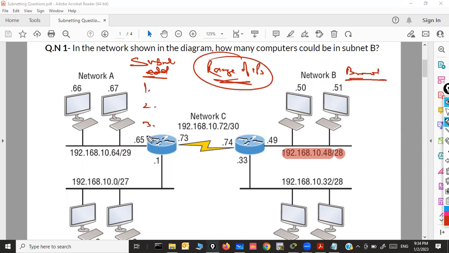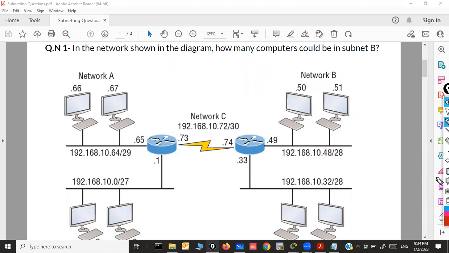So the question here is not about doing subnetting straight away. Subnetting is already done, because you can see the mask /28.